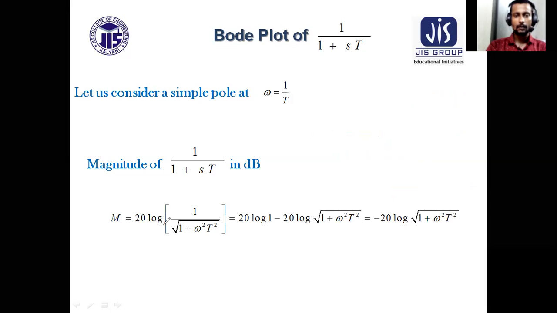Now log a by b could be written as log a minus log b. So 20 log 1 minus 20 log under root 1 plus omega squared T squared. Now log 1 is 0, as we all know. So this finally reduces to minus 20 log under root 1 plus omega squared T squared.